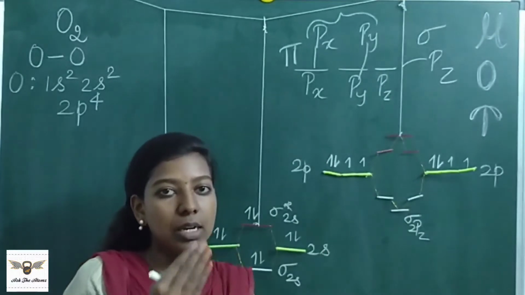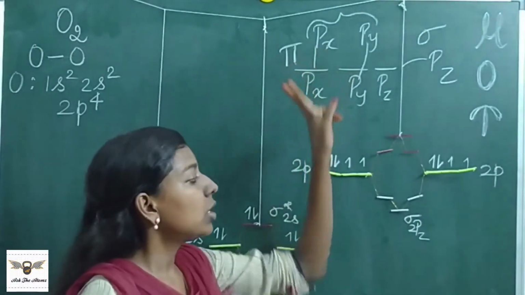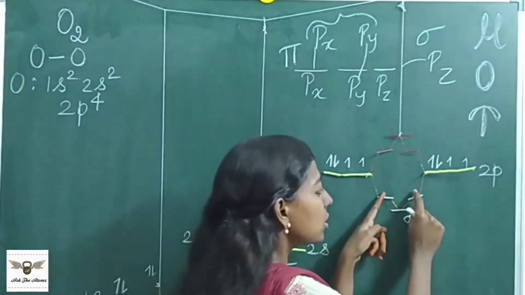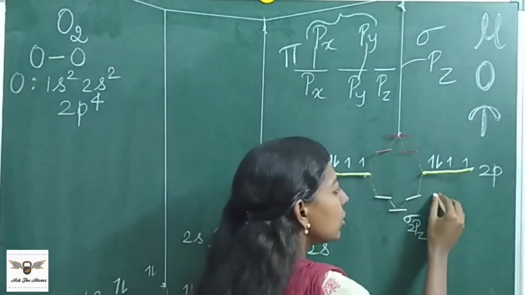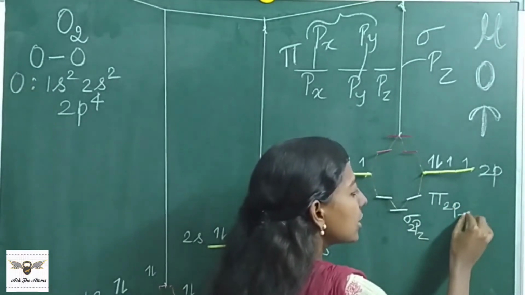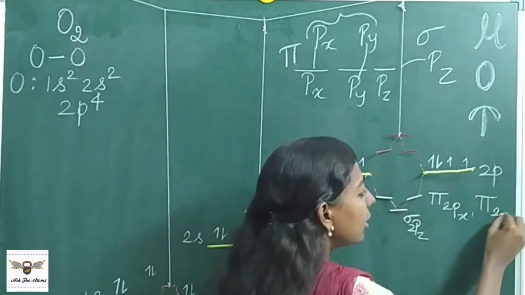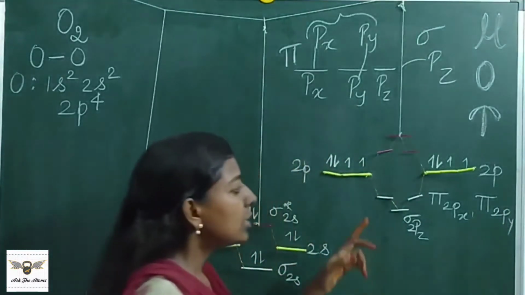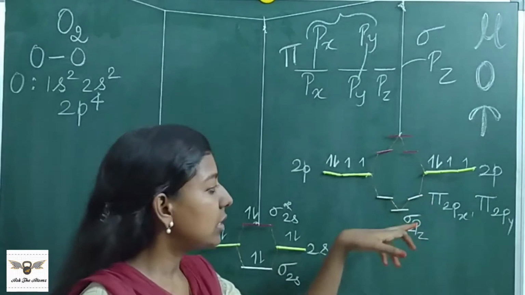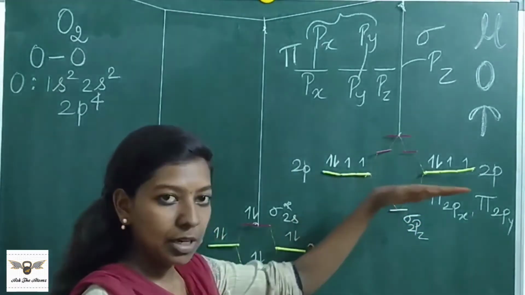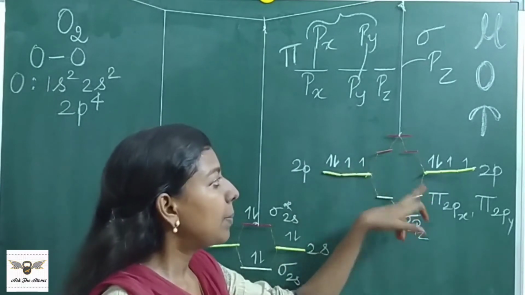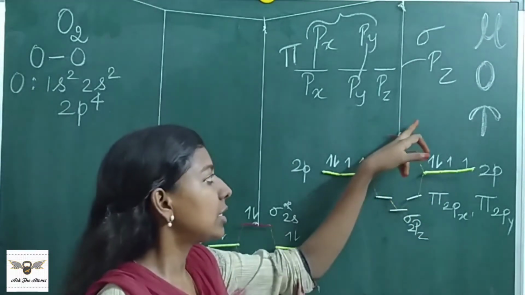They can have different energies, but both pi bonds are going to have the same degenerate energies. That is why I have two lines at the same energy. I call them pi 2px and pi 2py. So this is sigma, this is pi. Always remember, sigma is 1, pi can be degenerate. The above ones are antibonding. This is again pi star, this is sigma star.